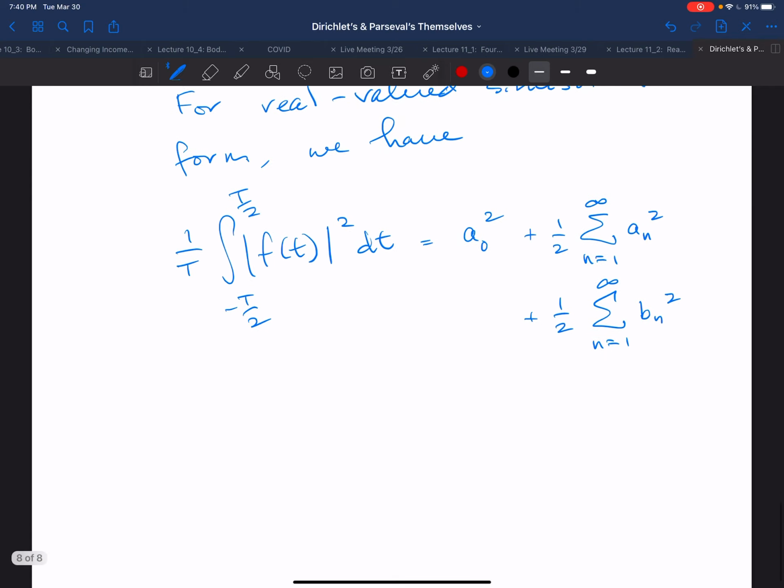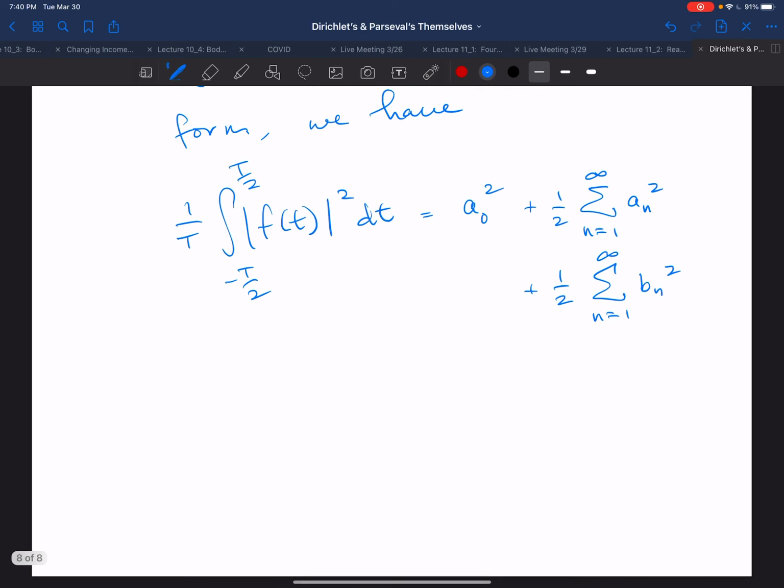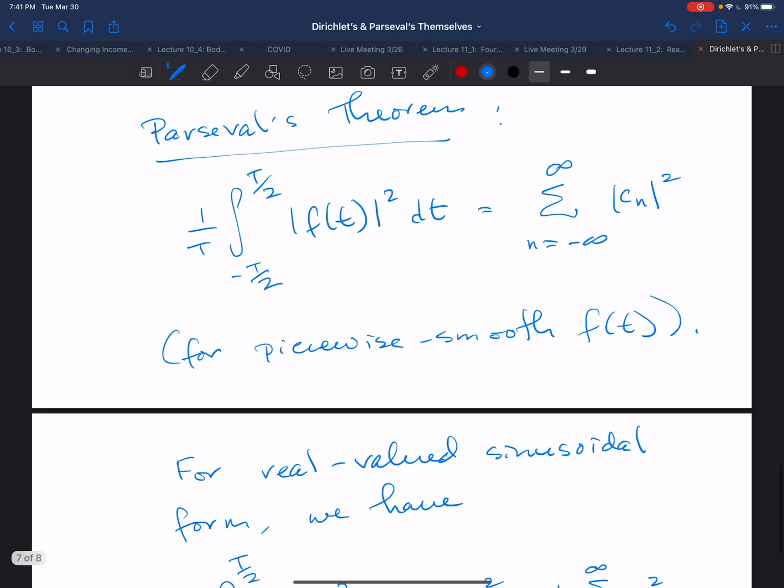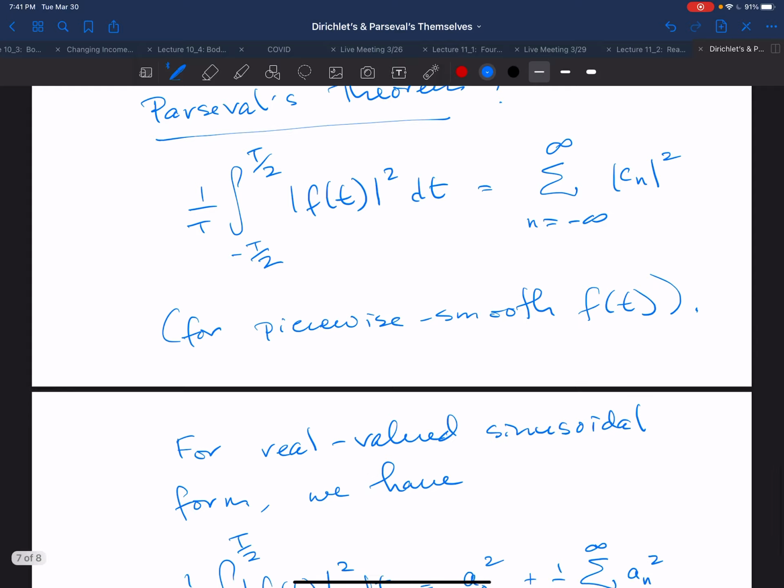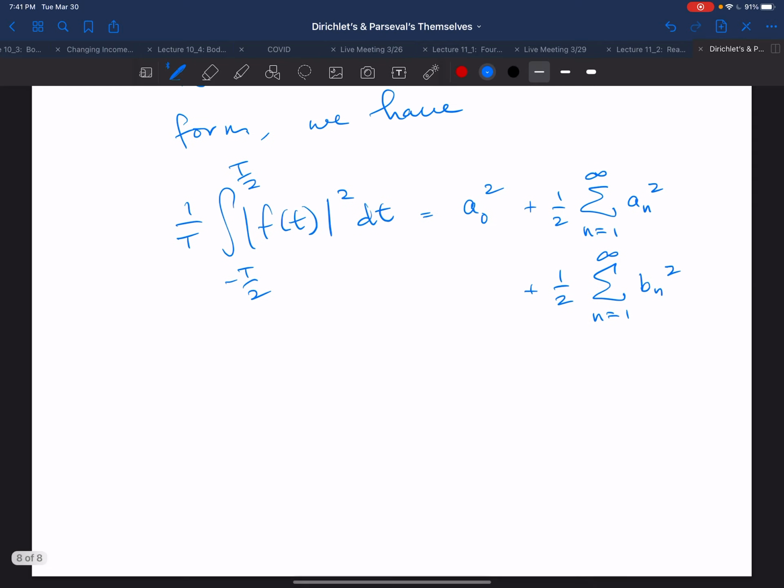It's easy to see why this is so. Recall that in the original complex form, what we're doing is summing the moduli of the c n squared. Well, we know that the modulus of c sub n squared is equal to the square of the real part of c sub n plus the square of the imaginary part of c sub n.